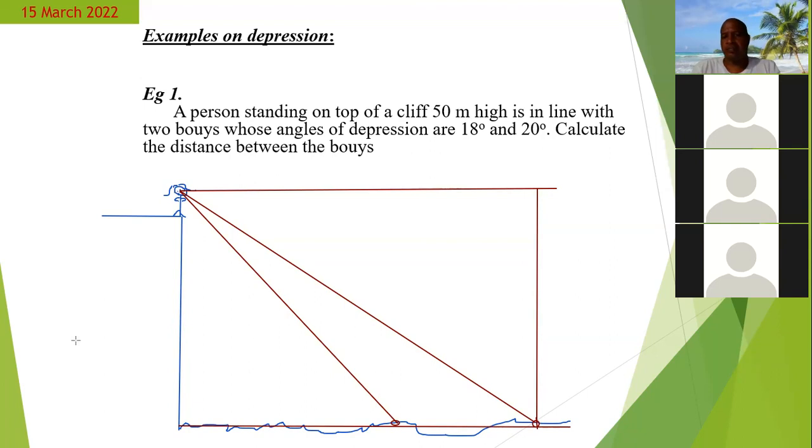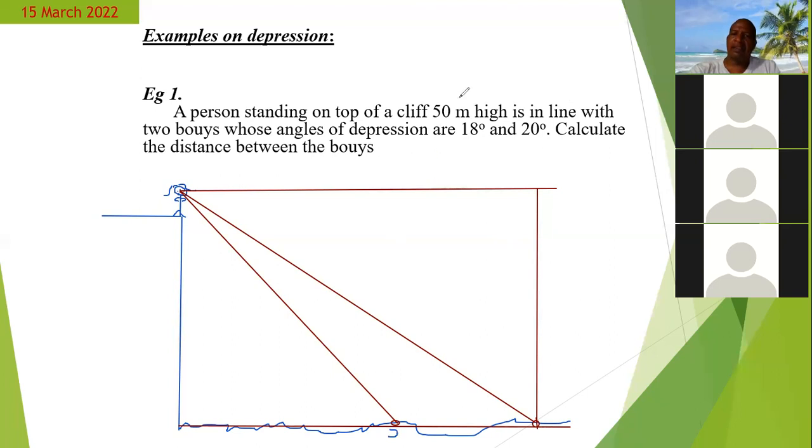So now I try to find a distance between buoy 1 and buoy 2. All right, so we're trying to find some distance. Let us use a different color.